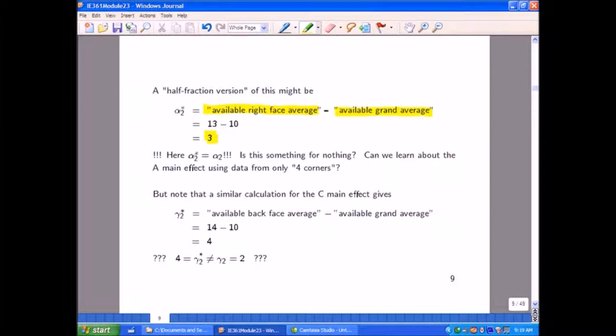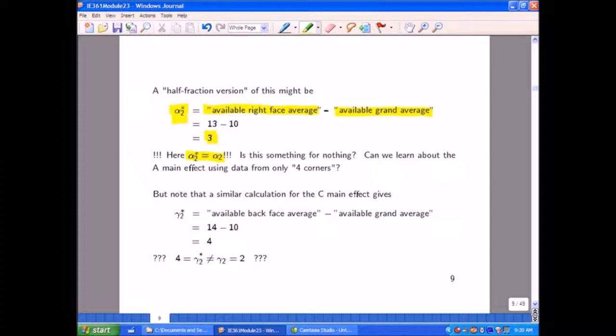What I've done is managed to learn about the A main effect, having only 4 out of 8 corners from that picture. That is, I've computed something that I've called not alpha 2 but alpha 2 star that, in this case, turns out to be exactly equal to alpha 2. Looks like I've gotten something for nothing here. I've only paid for 4 out of 8 corners, and I have managed to learn the A main effect.